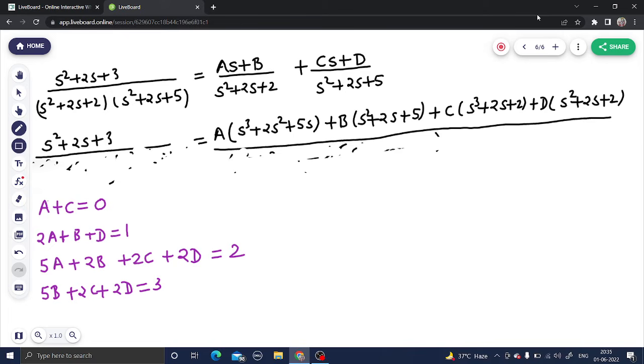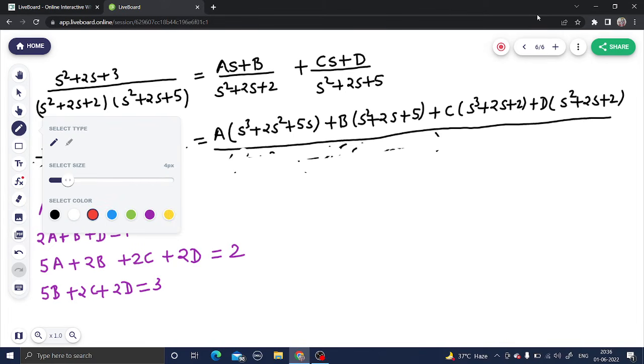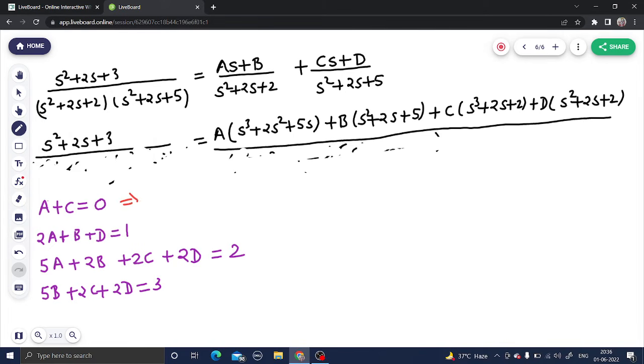Now start solving this. As you can see clearly, A equals minus C. Now because A equals minus C, in this equation we have 2C, we have 2D. So 5A is also there.